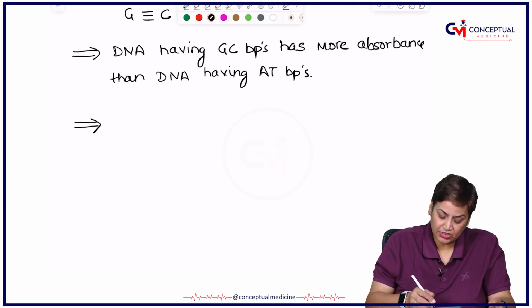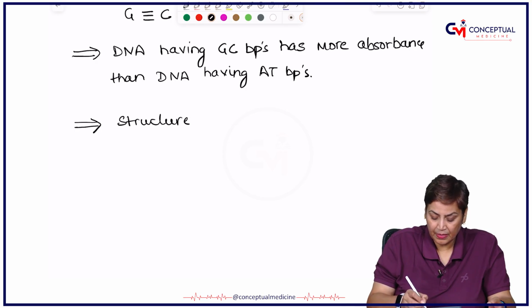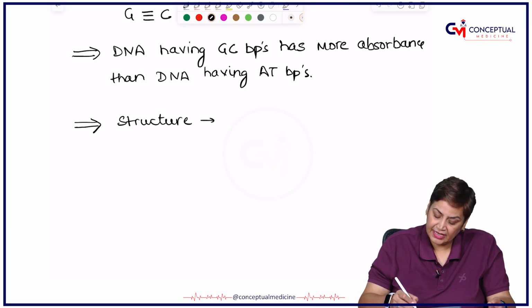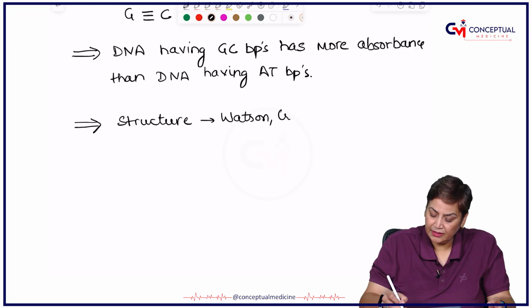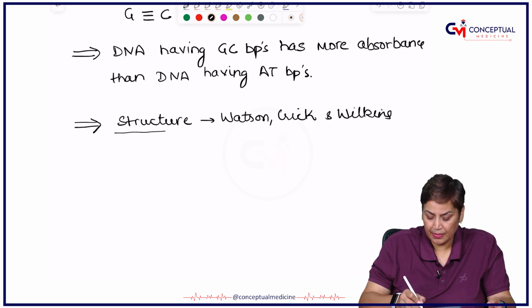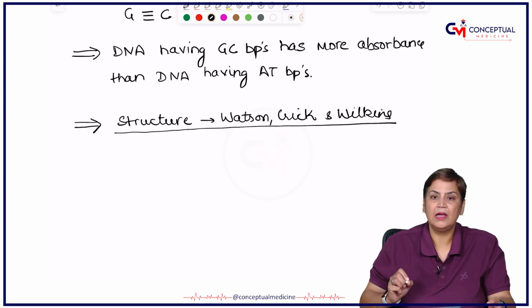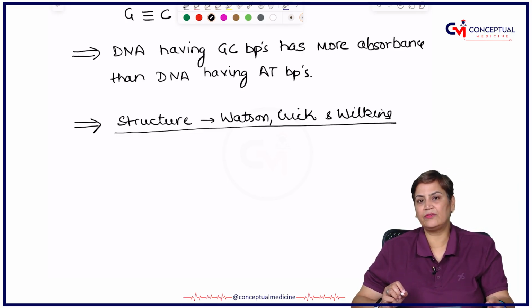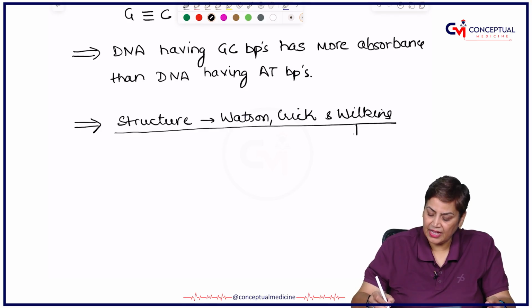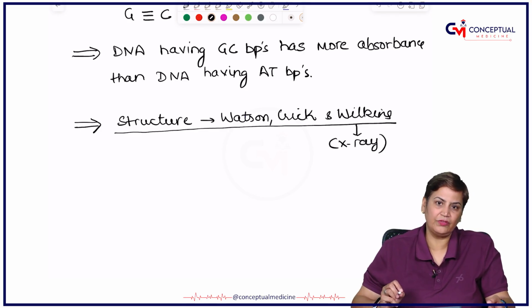So if we talk about the structure, it was given by Watson, Crick and Wilkins. They were the three scientists who gave the structure. Wilkins gave the X-ray or the three-dimensional structure of DNA.